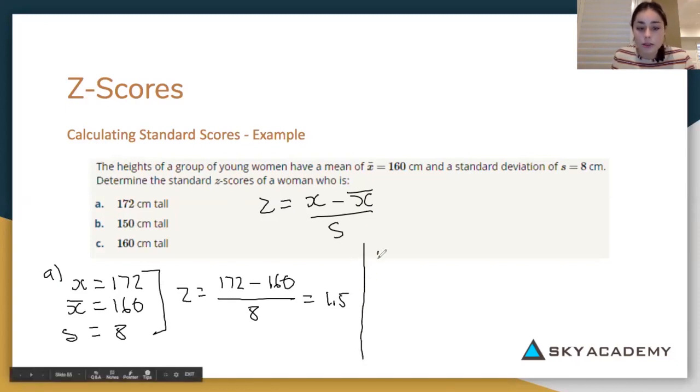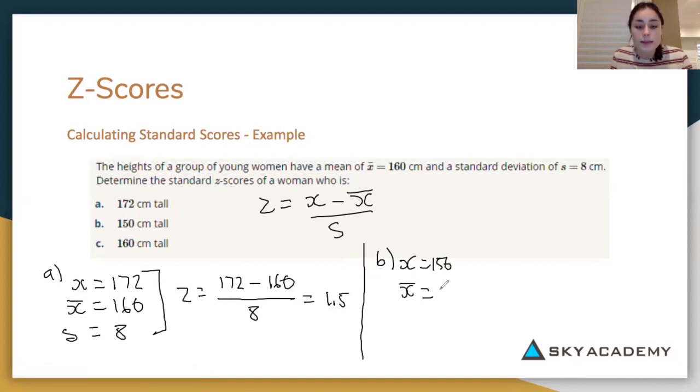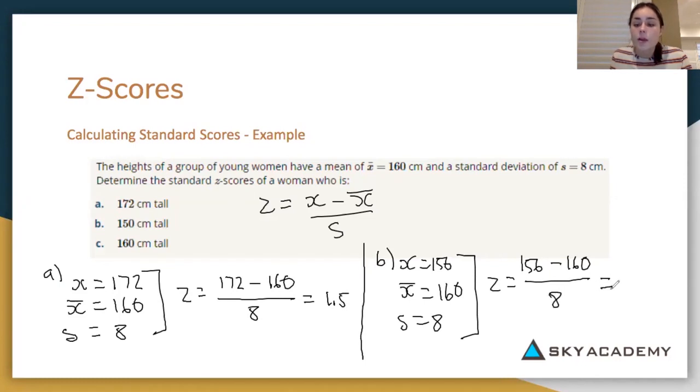Now let's do question B. We're going to do the same process. X equals 150, the mean of X equals 160, and standard deviation equals 8. So sub those in. Z equals 156 minus 160 over S, which is 8, which equals negative 1.25. So that's 1.25 standard deviations below the mean.